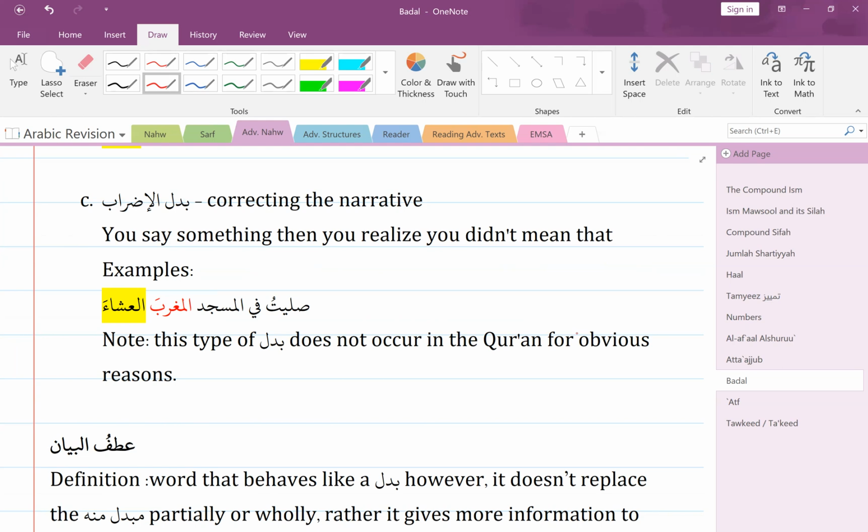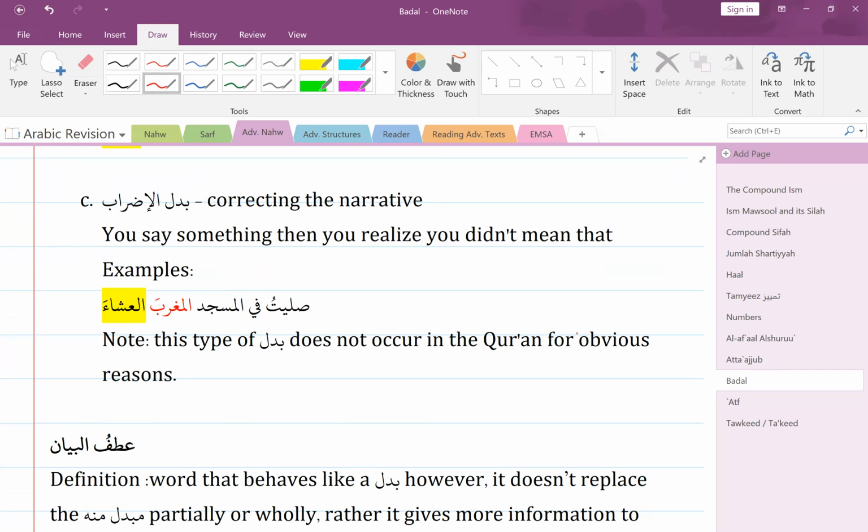The prayer that I prayed at the mosque was actually al-Isha. So I'm actually correcting a narrative here. I'm saying, no, it wasn't actually Maghrib, it was al-Isha. Okay? It's not that I did not pray. The prayer that I prayed in the mosque is actually Isha, not what I had said before, Maghrib. So yeah, again, very, very easy, very, very close to each other.